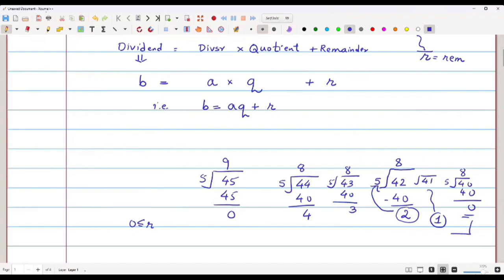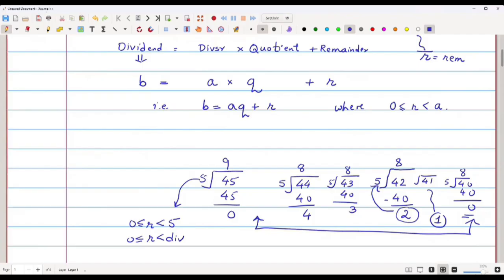So the remainder always lies between 0 and 4. It will never become 5 or greater. The remainder has to be less than 5, which is the divisor. So the remainder is always less than the divisor and greater than or equal to 0, where 0 is less than or equal to the remainder, which is less than a.